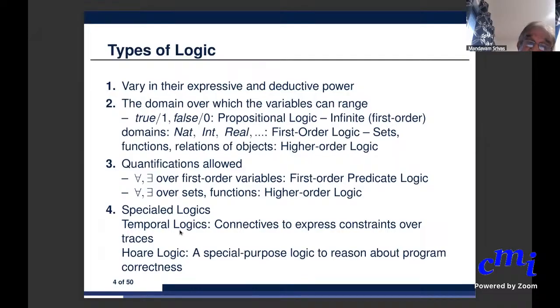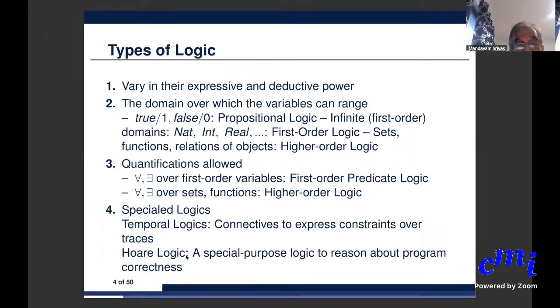And Hoare logic, here I'm listing two logics tailored to describing and proving correctness of programs in a somewhat limited way. But there are lots of different kinds of specialized logics, even when applied to analyzing programs. Some of you might have heard of separation logic, which is suited for analyzing correctness of programs with pointers and so on.